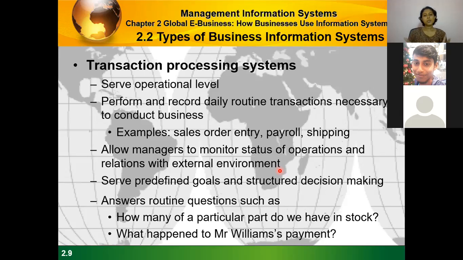And also relations with the external environment. So the transaction processing system has the ability of connecting the business to certain external parties of the environment as well. Once again, we'll talk about these two in detail as we move forward with the lecture, right? How transaction processing systems help to monitor the status of operations and to maintain relationships with the external environment, right?